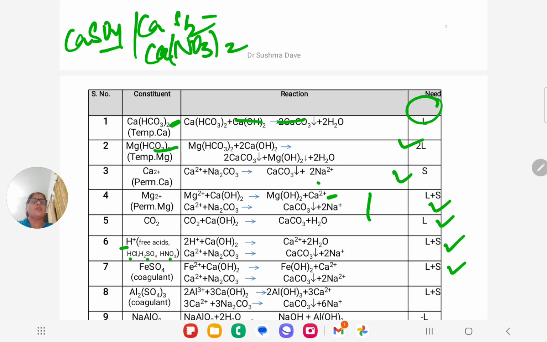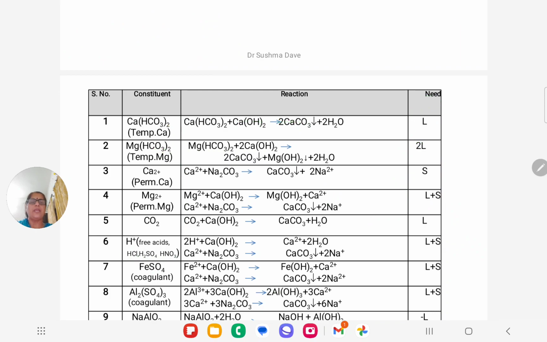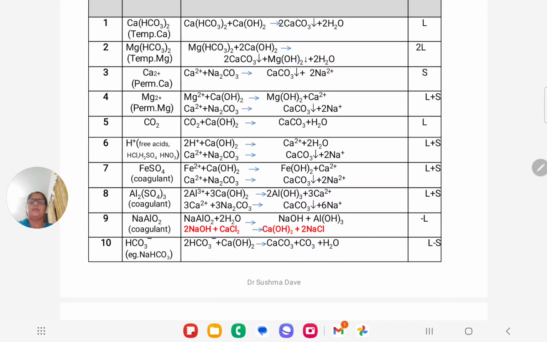In case of sodium aluminate, a little bit different reaction is seen. For sodium aluminate, the requirement is actually deducted because it is minus L. Why is it minus L?